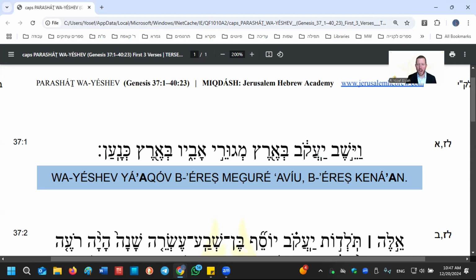We have a patah under the yud. Patah vowel makes an ah sound. We have another patah under the ayin, which together with the shwa makes a short ah sound. If this were one syllable, you would only need one patah, but there are two patah vowels. So that's one, two syllables.